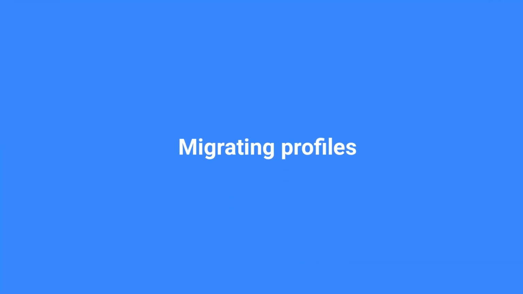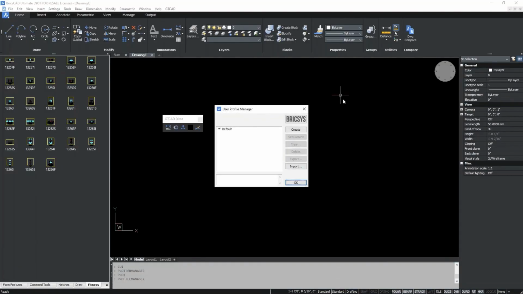And the last piece of the equation is to use the profile manager like this. And this simply allows you to take all of the settings that we've been manipulating and create an external ARG file just like AutoCAD. And then you can use Profile Manager to import those settings on another machine.